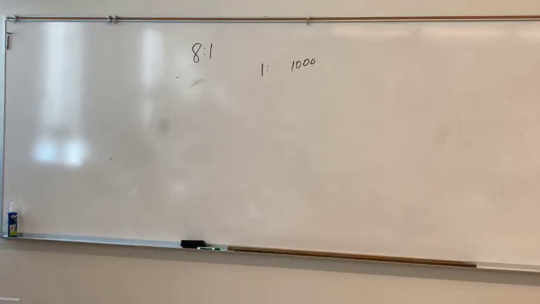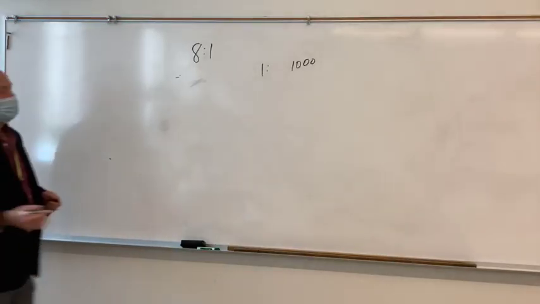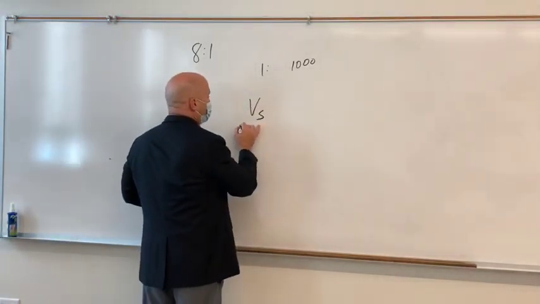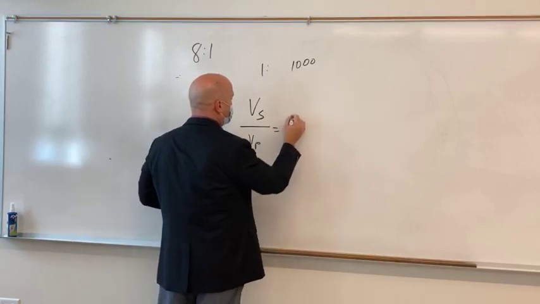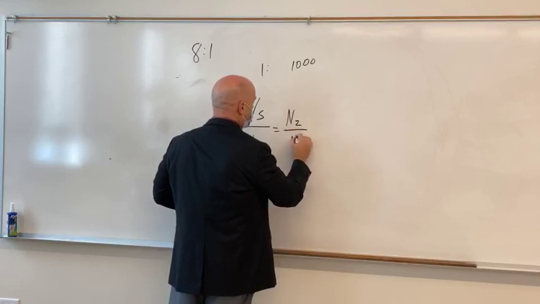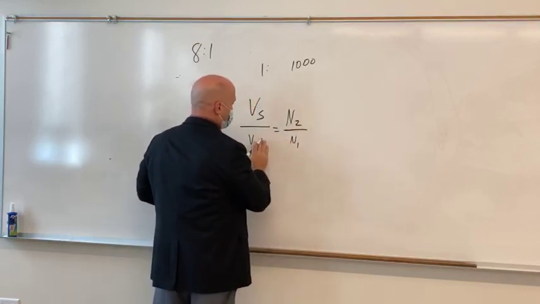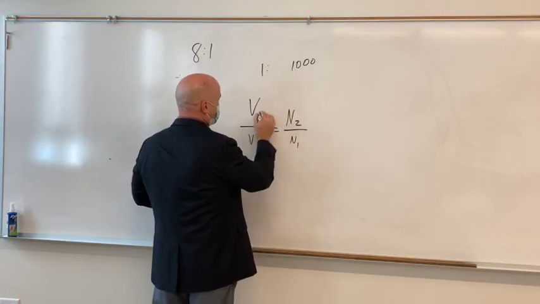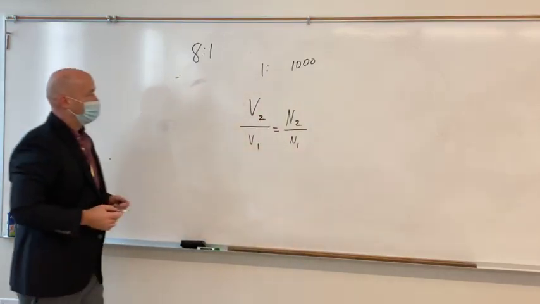The first one says voltage on the secondary side over voltage on the primary side is equal to the number of turns on the secondary side over the number of turns on the primary side, where N represents the number of turns.